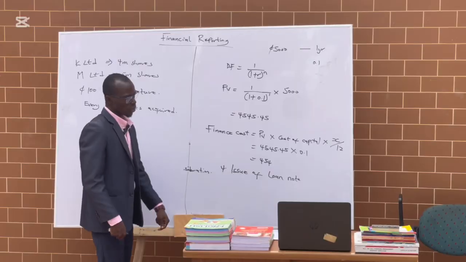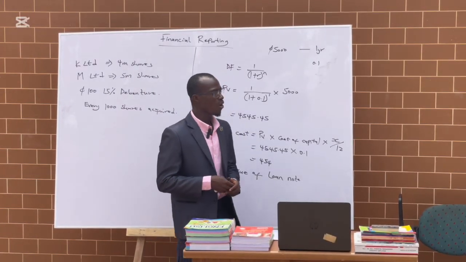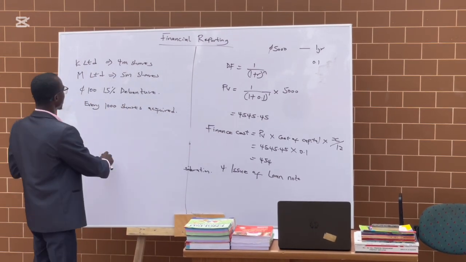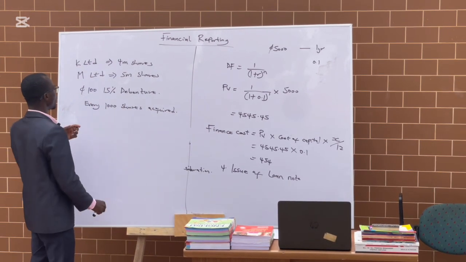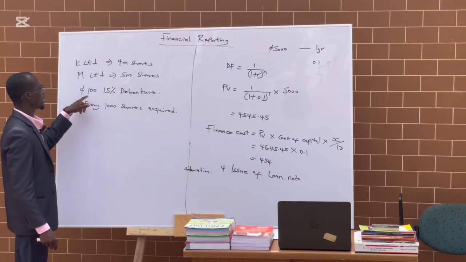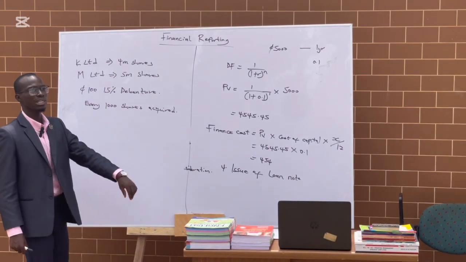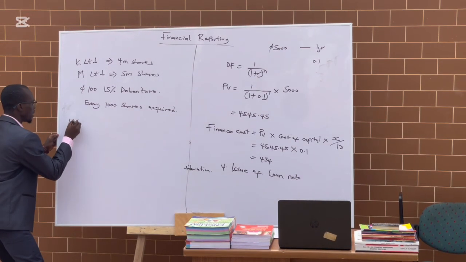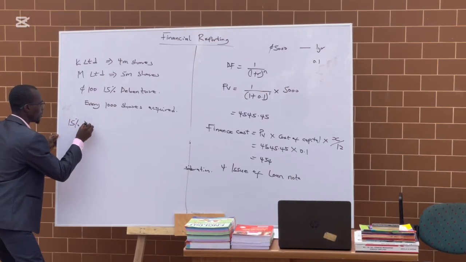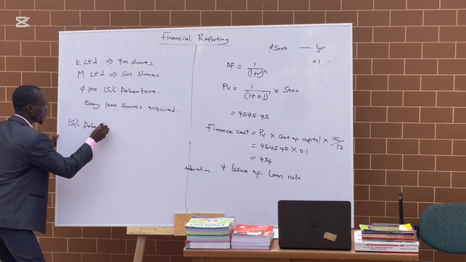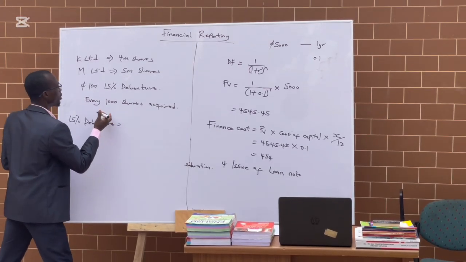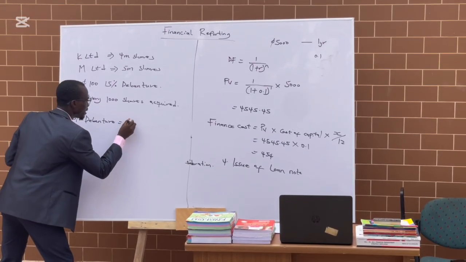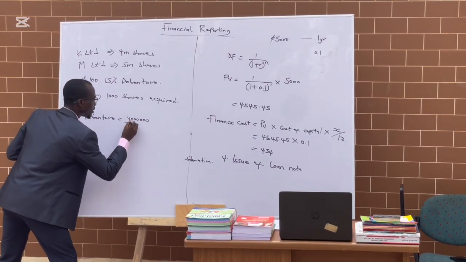So if you want to know the amount that will correspond to the 4 million shares: if 1,000 shares is going for 100 cedis, then 4 million shares will give us how much?